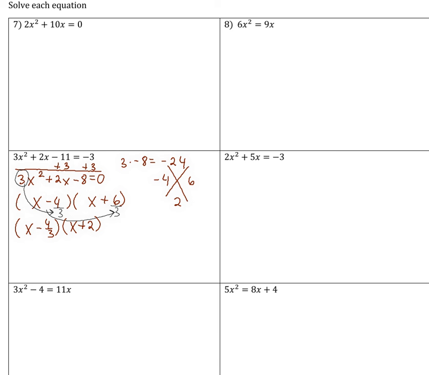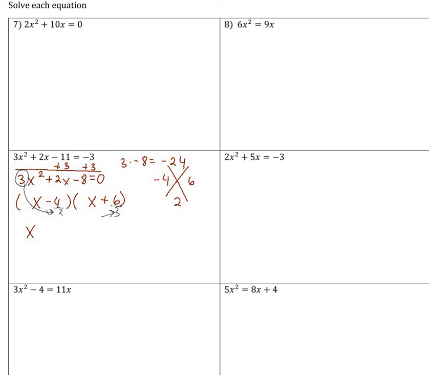Now on this first one, that x minus 4 thirds, we could take that denominator 3 and move it out as the coefficient on that x, and bring down that numerator of 4. Actually, let's back that up. We don't have to do that here, since we're solving the equation and not factoring.